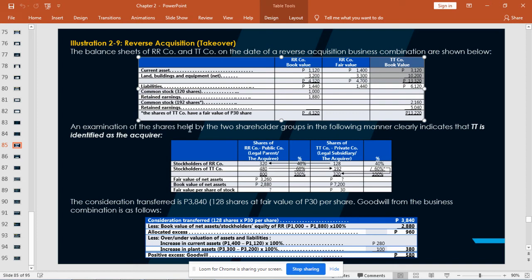So, paano nangyari yon? Yung shareholders ni RR Company, which consists of 320 shares, is 40% owned by Double T Company.